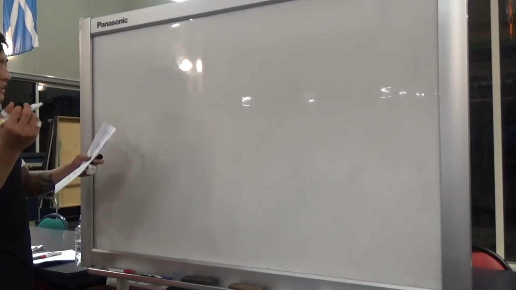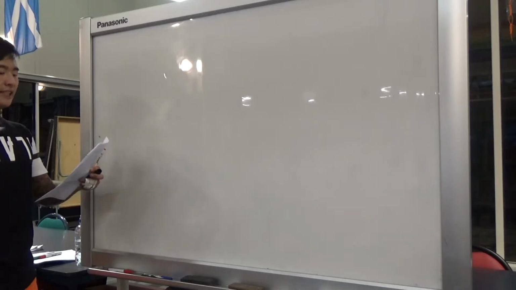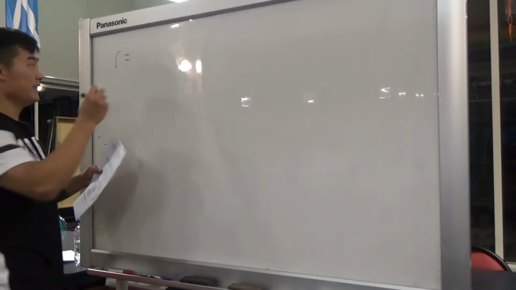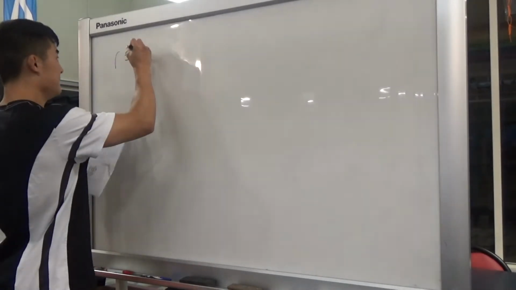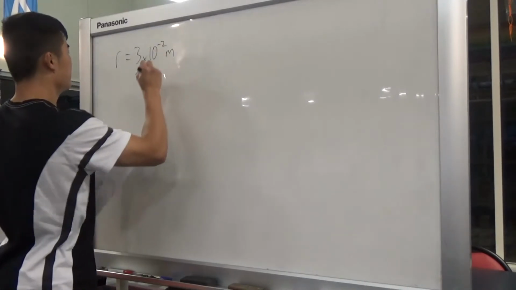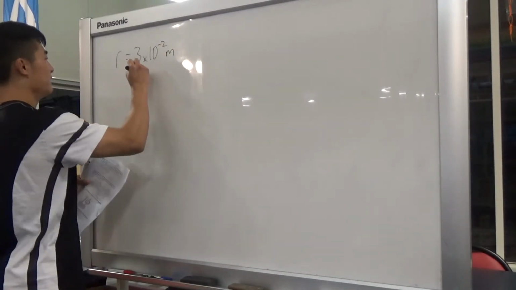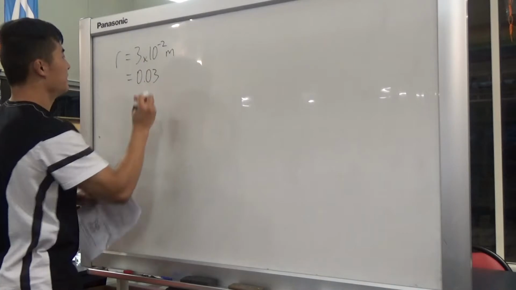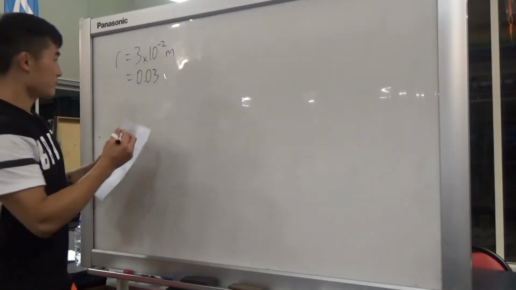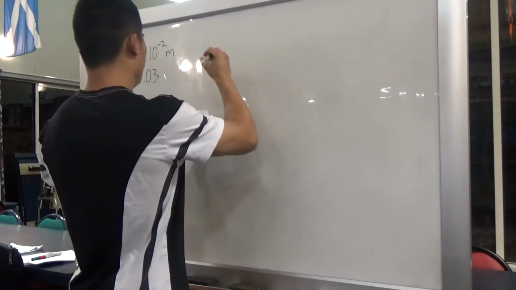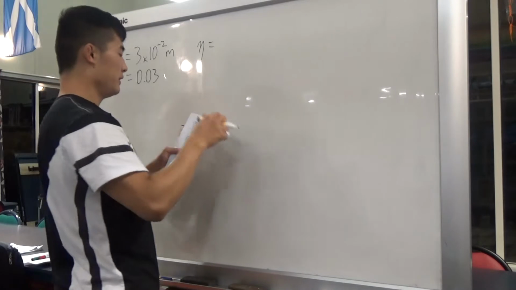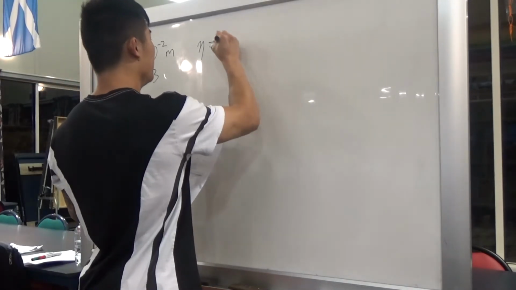First, we'll write down all the values that we've been given. Radius is equal to 3 centimeters, so we have to convert that into meters. That's 3 times 10 to the negative 2 meters, or you could just say 0.03, because there's going to be 2 zeros in front of it. Then our viscosity is equal to 3 times 10 to the negative 3.